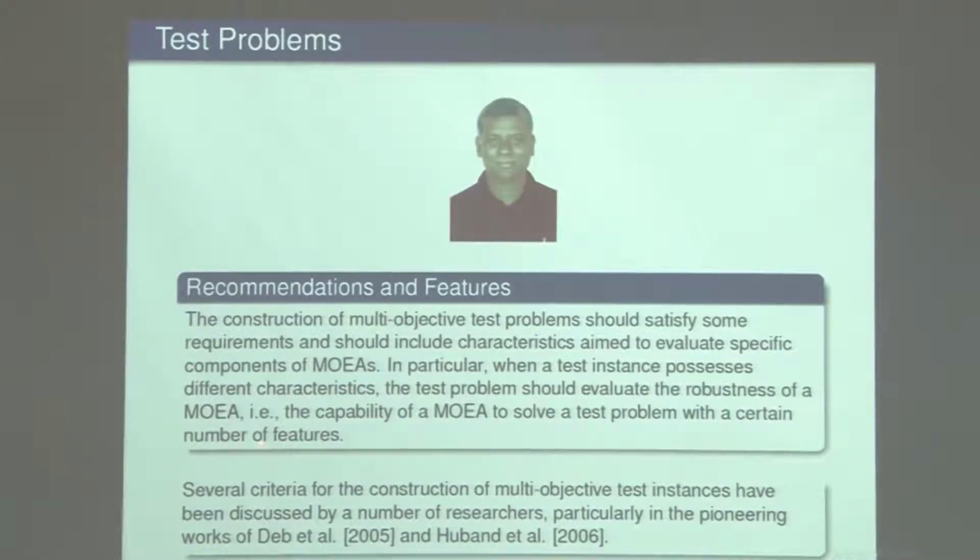That means the capability of the algorithm to solve a test problem that has a certain number of features, not only one. If you design an algorithm that is very good, for example, for disconnected Pareto fronts, okay, that's good. But if it cannot solve a problem in which the Pareto front is connected, then this algorithm is of no use, because connection is considered to be an easier condition than disconnection.